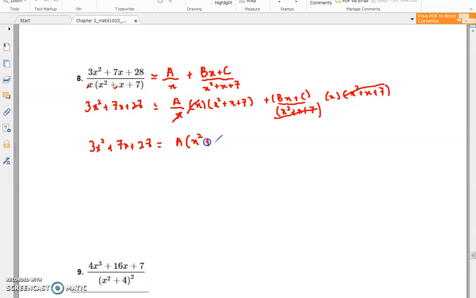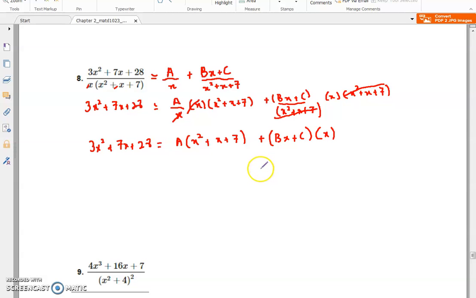times x squared plus x plus 7, which is our quadratic function, plus bx plus c, a linear factor, multiplied by our factor x.